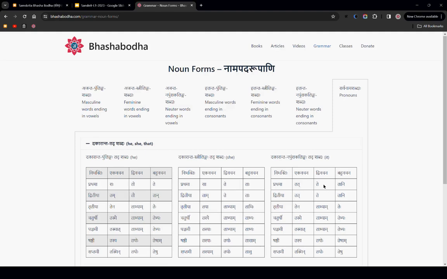Then te phale. Phale is napumsakalinga dvivachana, so the te should also be napumsakalinga dvivachana. So based on the word it is qualifying, the linga and vachana of this te is to be understood, though it looks the same here. Te, te.